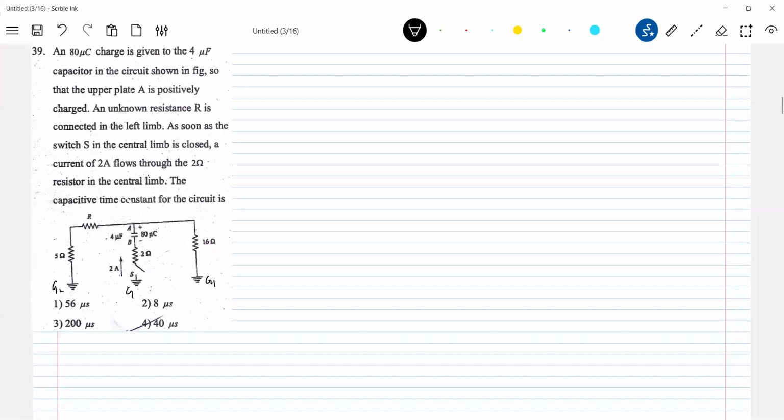Is the time constant of the branch or the time constant of the circuit being asked? The time constant of the total circuit is asked here. So is there any role played by the 16 ohm and 5 ohm? That is what one has to analyze first.